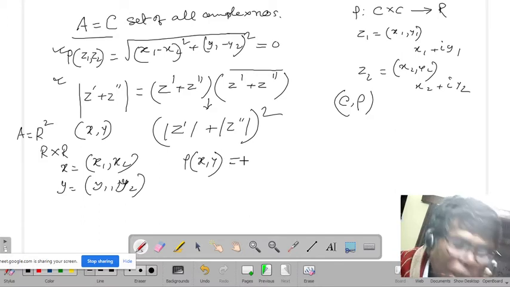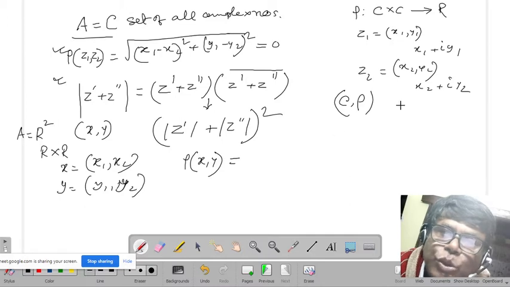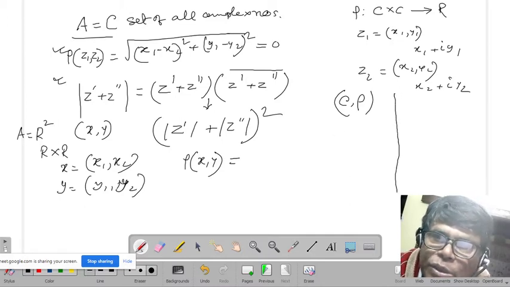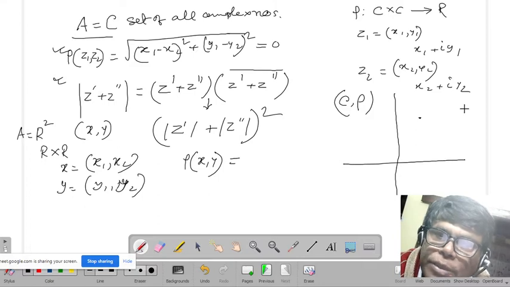Choose it as the distance, that is the two dimensional distance. So this is a point and this is a point, with coordinates x1 x2 and y1 y2, and you can draw this.